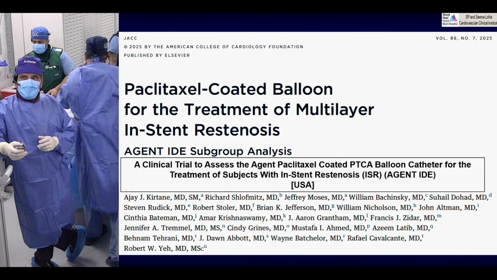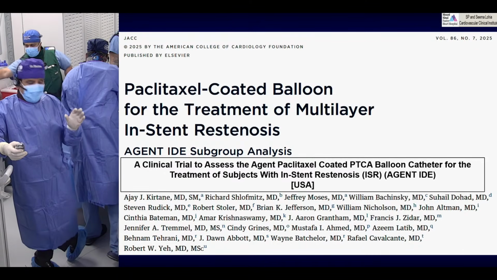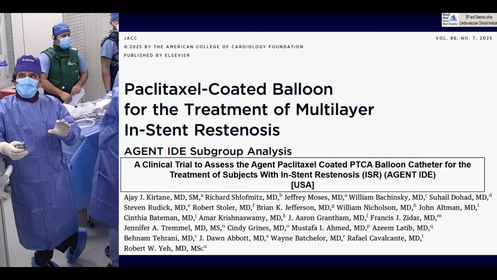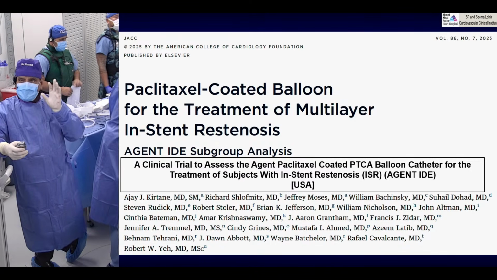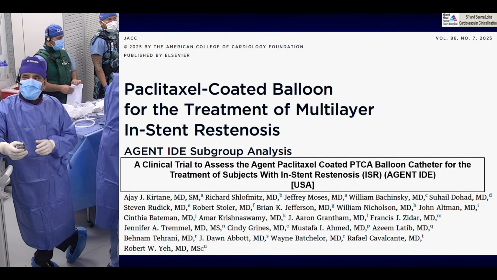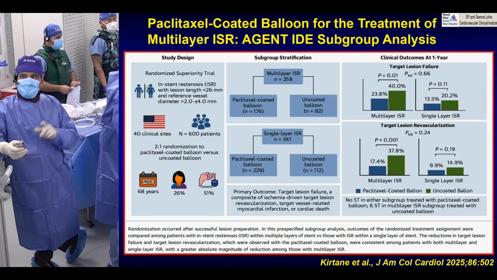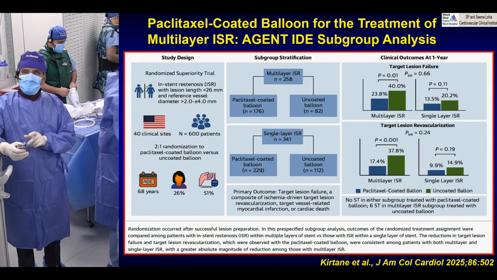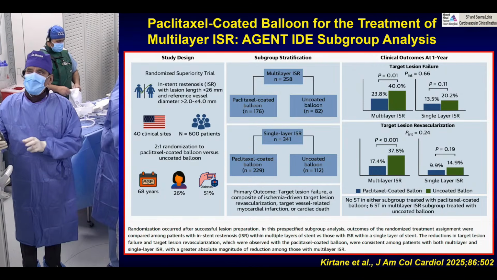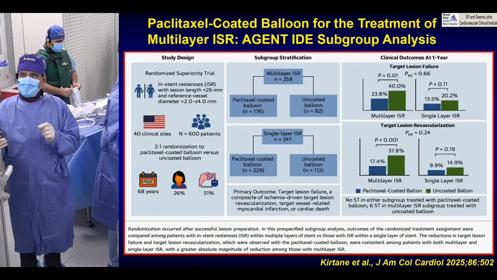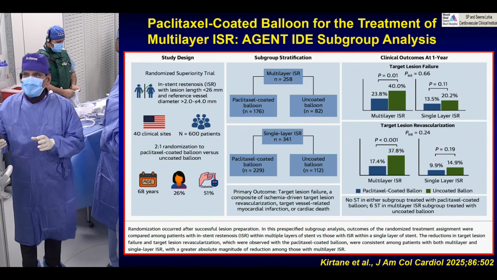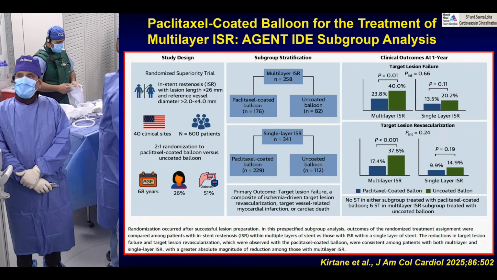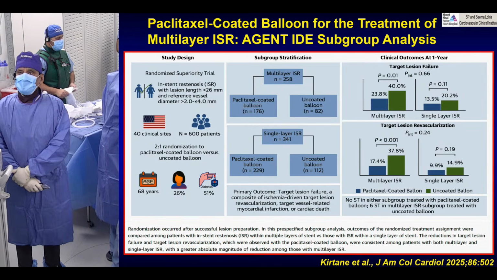So what we learned is we knew AGENT IDE, ISR, but DCB did extremely well compared to balloon angioplasty. Now the question was, why is there a differential effect in multi-layer stenting versus single layer? Remember the original trial of about 600 patients, of which 258 were multi-layer ISR and 341 single layer, so about 52-48%.